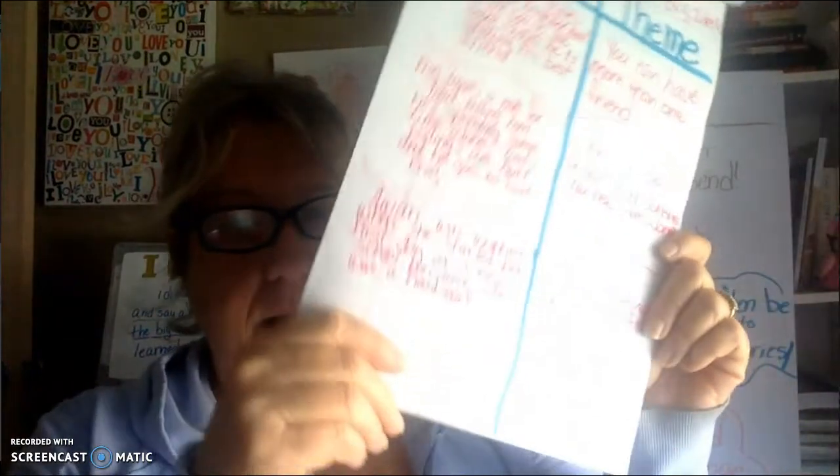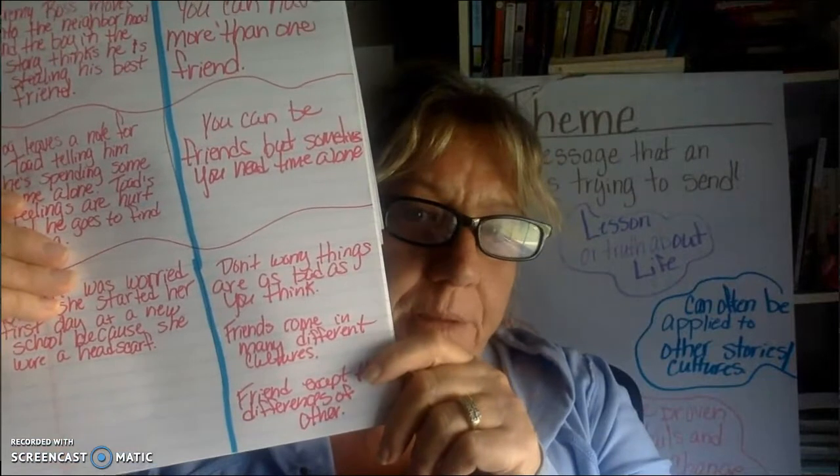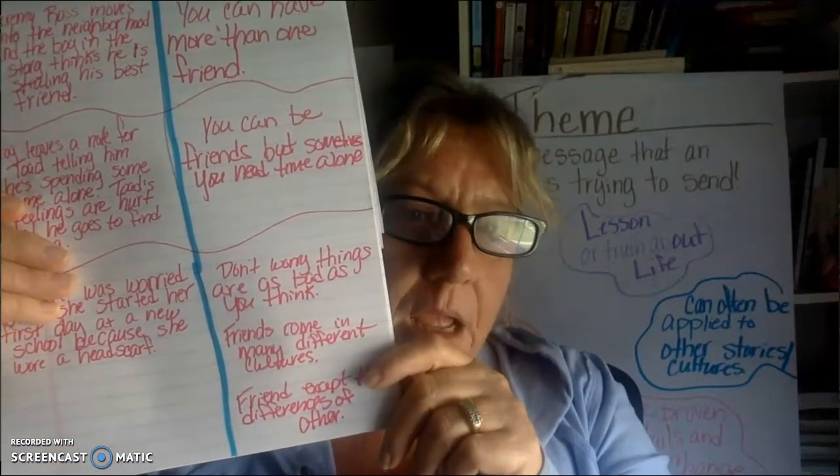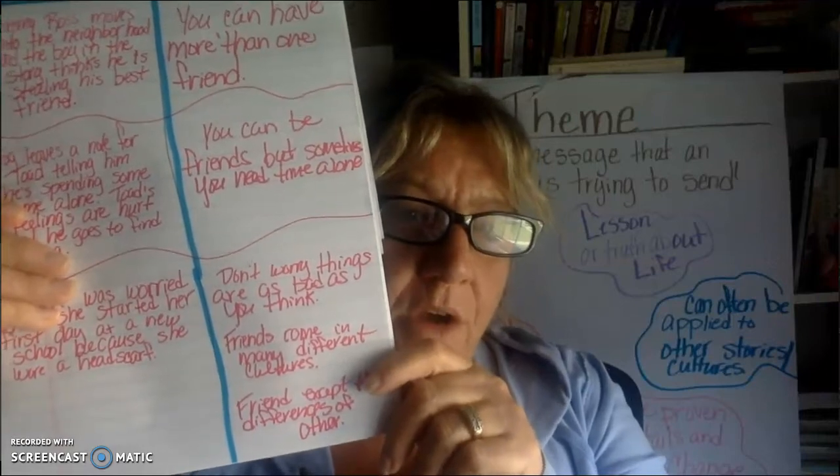So on this one that we just did together, I actually came up with 3 ideas that might be the big idea. I'm sorry about the glare. Don't worry, things should be not as bad as you think.